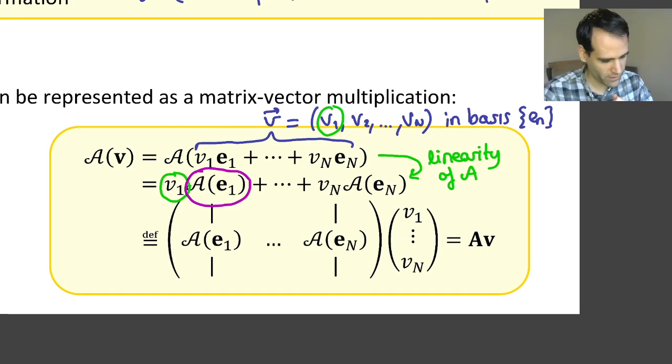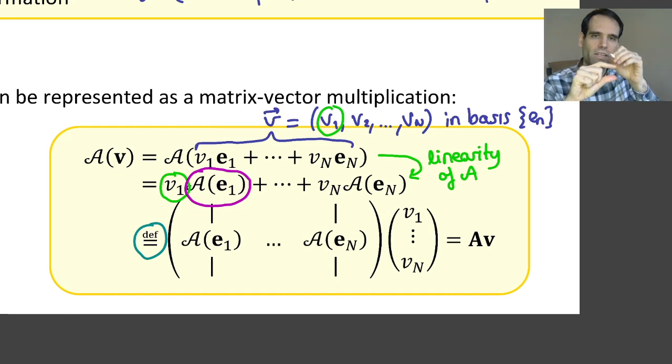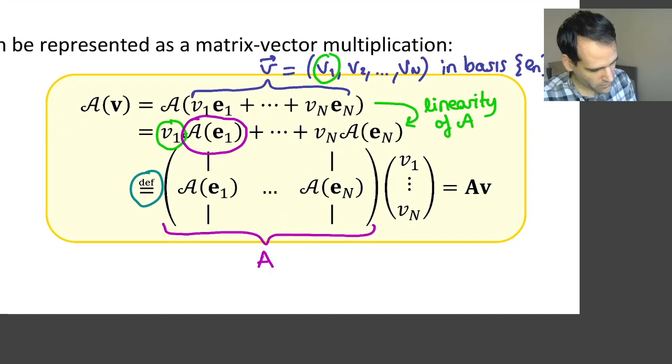That's what this is telling us. And then by definition, that's what this equal sign with a def on top of it means, we say that this is the same as multiplying a matrix A with the vector V.